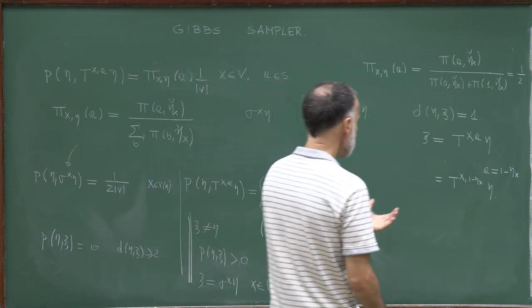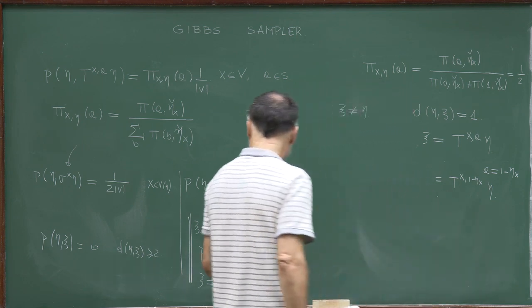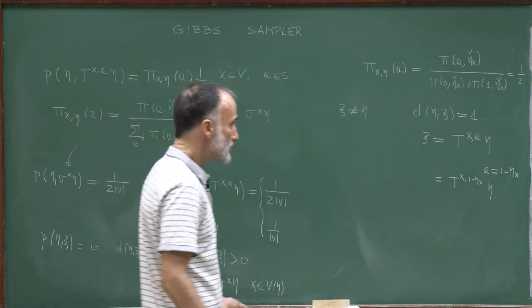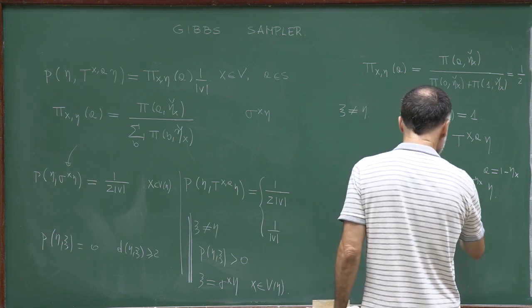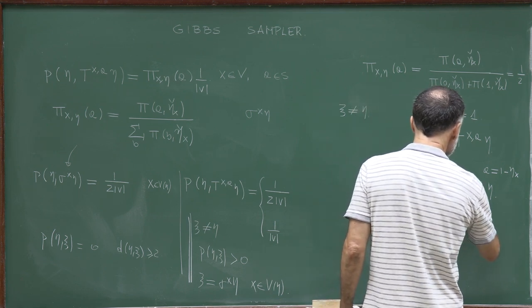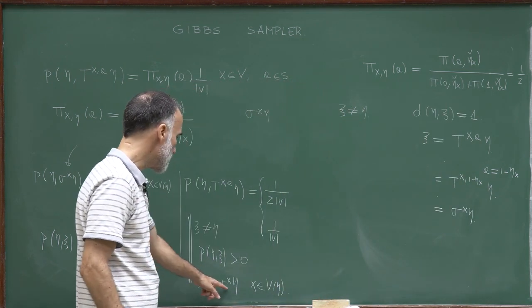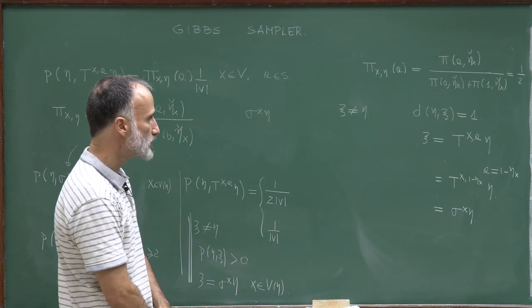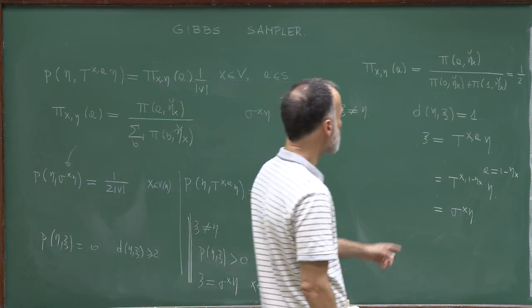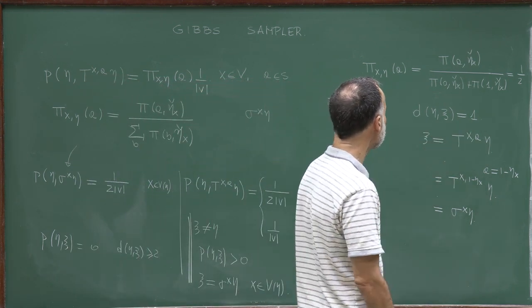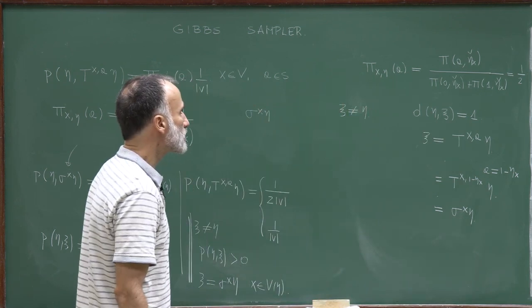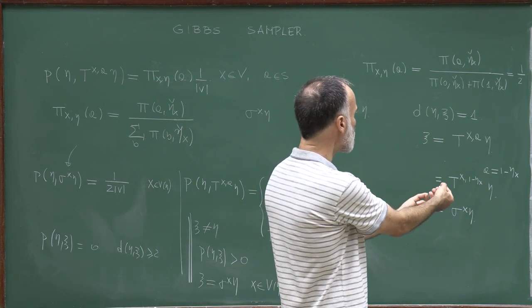Now, this means that psi is equal to sigma_x eta. So this is what I'm claiming here. Psi is equal to sigma_x eta, right? So let me repeat. The distance is 1. So if the distance is 1, this means that they differ at one point.